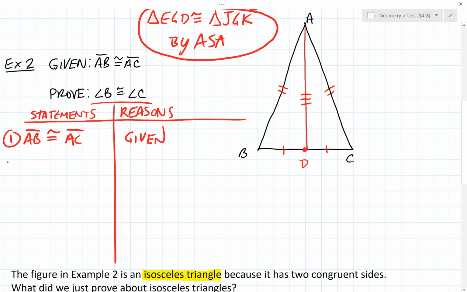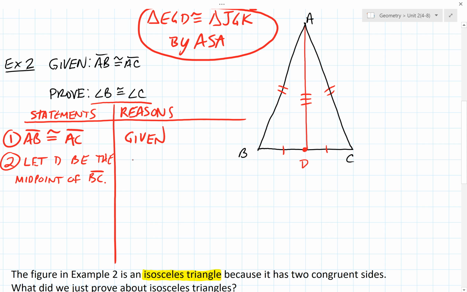That was given. And then we plotted the midpoint D. So I'll just say let D be the midpoint of segment BC.